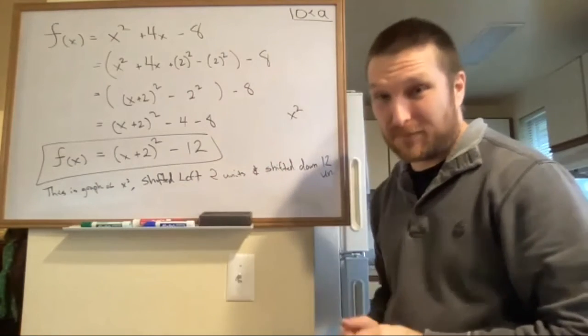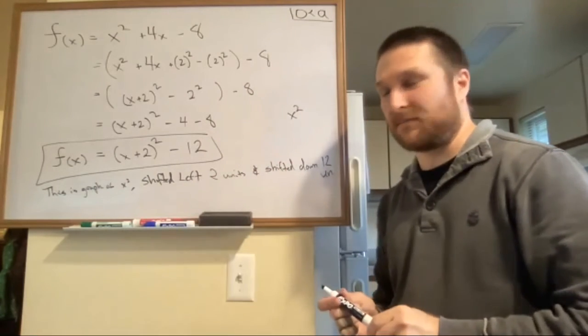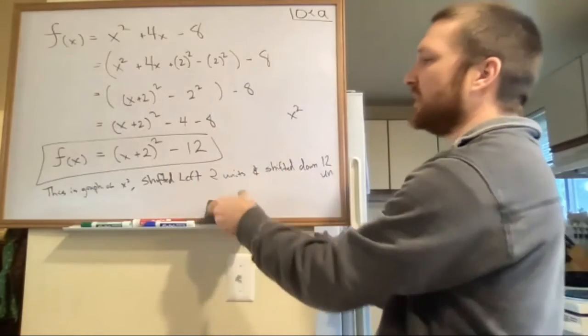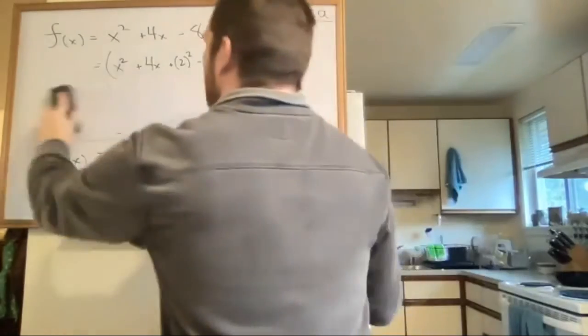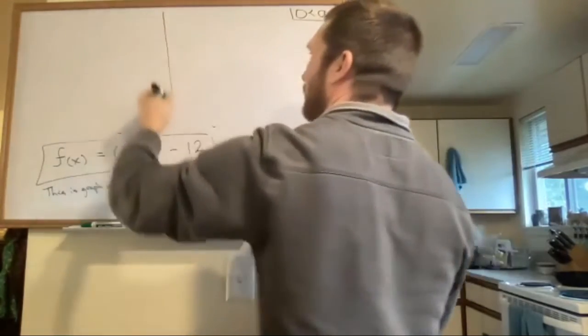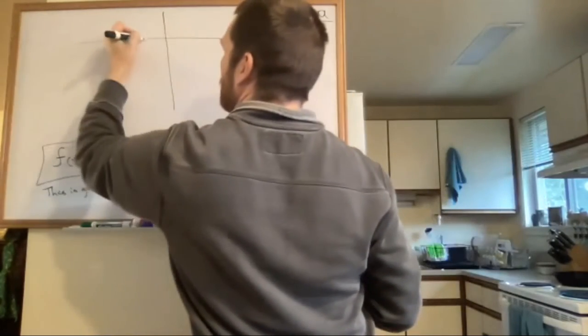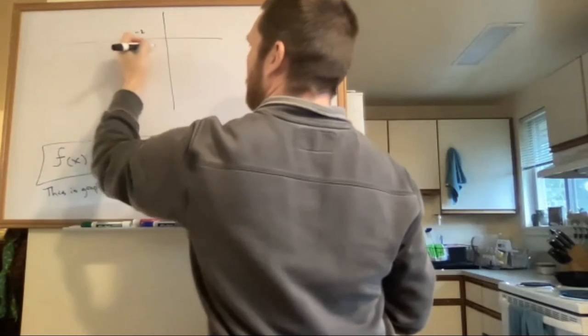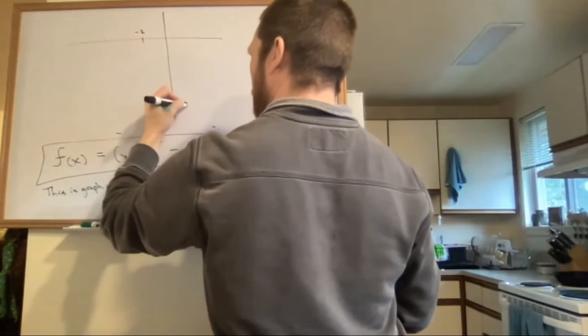But here's the problem. Whenever we draw something, let's just naively move along and say I want to draw this guy. So I go left 2 units, down 12 units, and I go like this. Okay, well, here's 2 minus 2. Here's 12 minus 12.